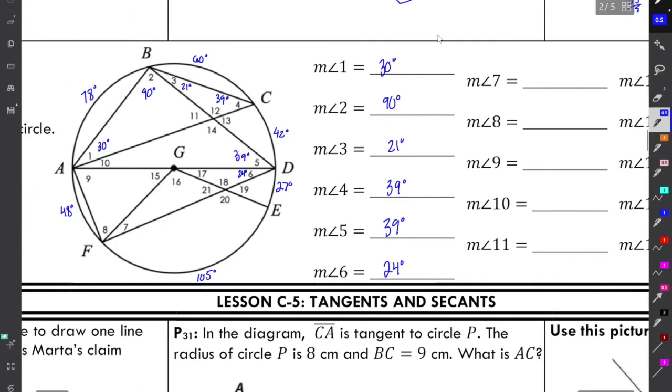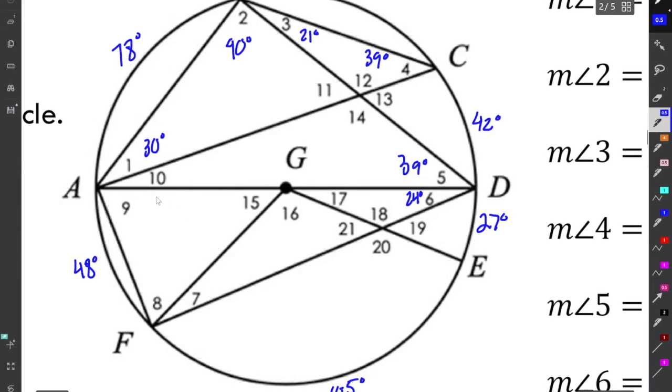I'm just going to fill in what I know based on what we have so far, because we have a lot of stuff we can figure out without having to go down the list. Angle 9 is an inscribed angle that intercepts arc FD, which is 105 plus 27. So 132 altogether. We divide that by 2. We get that the measure of angle 9 is 66 degrees.